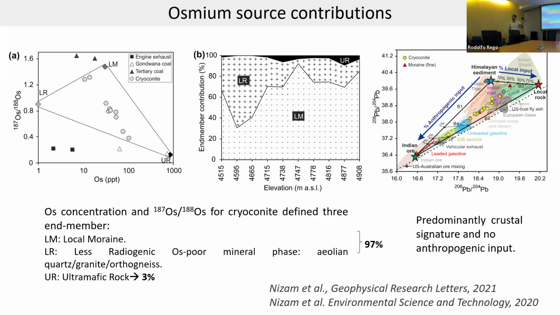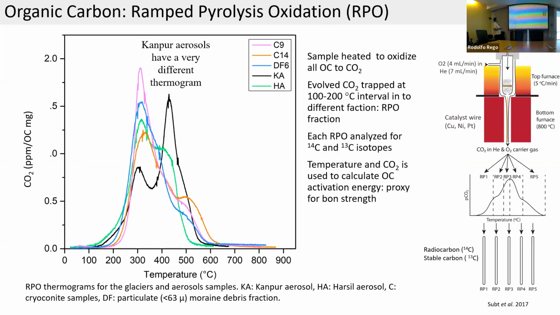We did not see any sign of vehicle-derived material reaching those high altitude sites through aerosol transport mechanisms. So these were the major findings that were published three years ago, in 2020 and 2021. And this is the story of osmium.